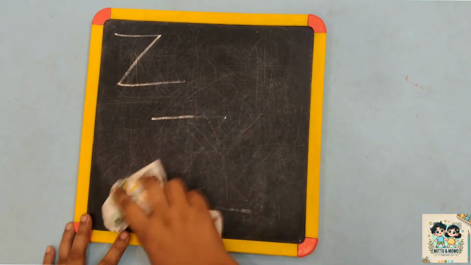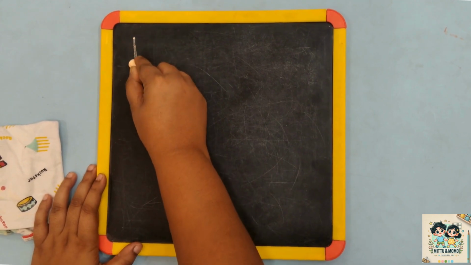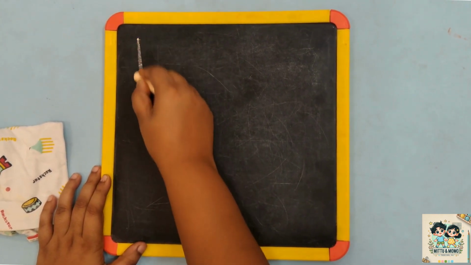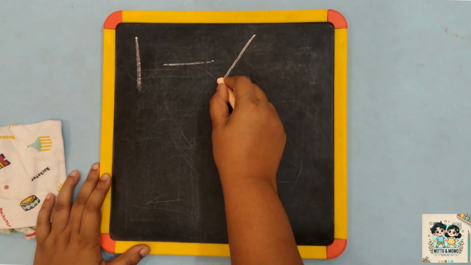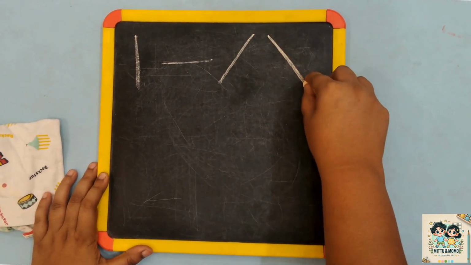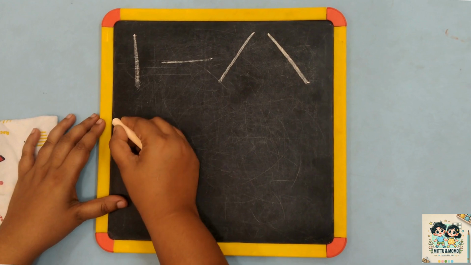So now, till now we saw a straight line, standing line, sleeping line, right slanted line and left slanted line. So let's see what letters we have learned so far.